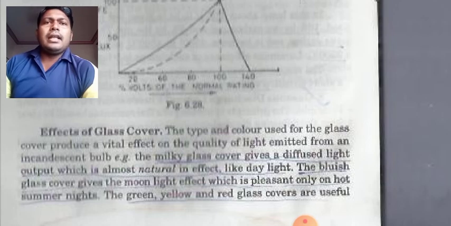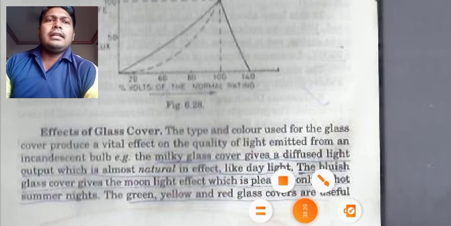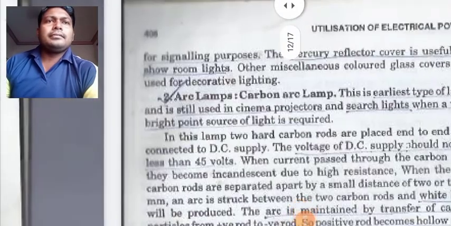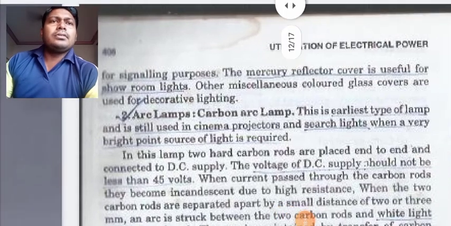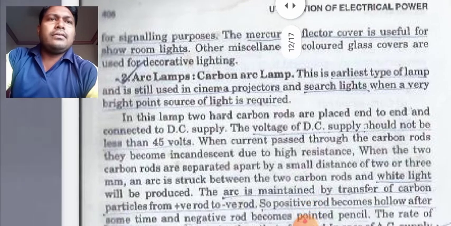The bluish glass cover gives a moonlight effect, which is pleasant only on hot summer nights. The green, yellow, or red glass covers are useful for signaling purposes. The mercury reflector cover is useful for showroom lights. Other miscellaneous colored glass covers are used for decorative lighting.